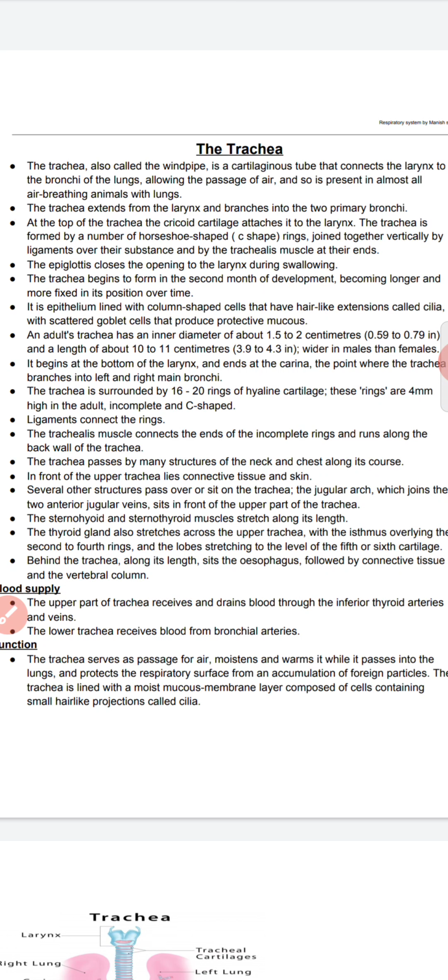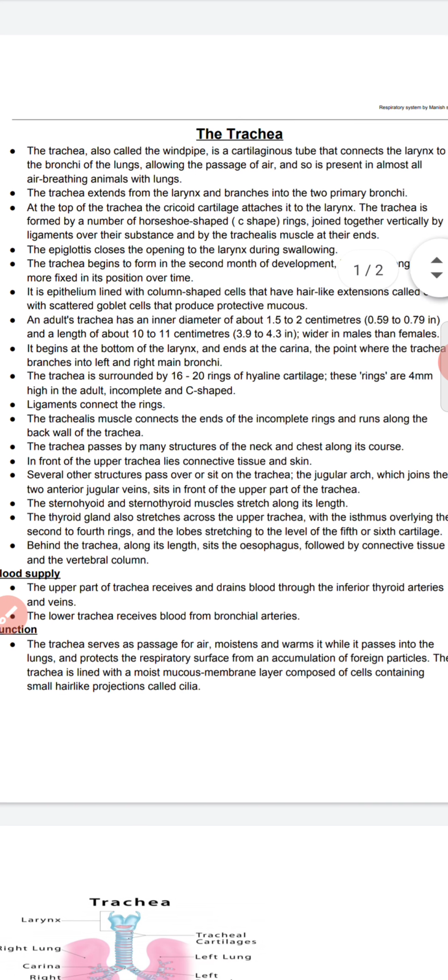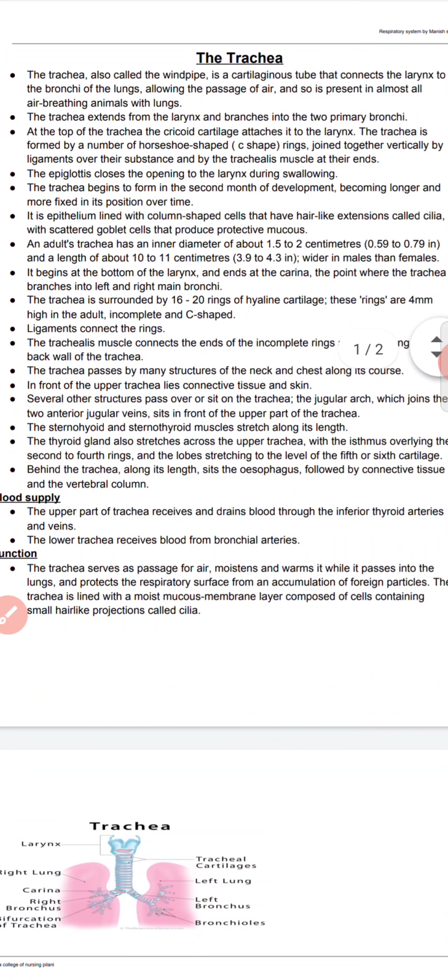The trachea passes by many structures of the neck and chest along its course. In front of the upper part lie connective tissue and skin. Several other structures pass over the trachea, such as the jugular arch and jugular veins, at the sides and front of the upper part of the trachea.